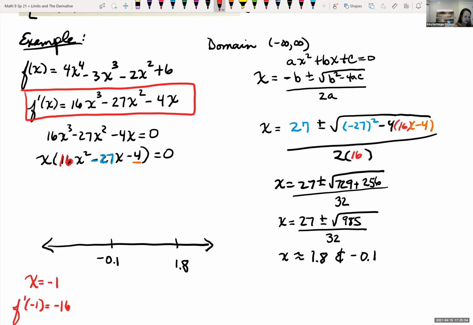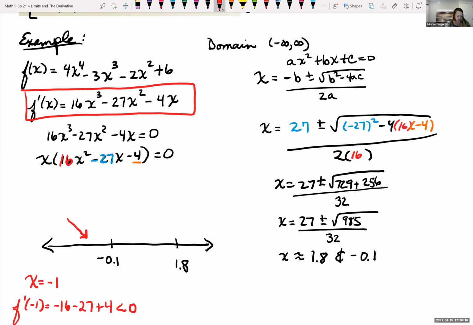Negative 1 squared is positive 1 times that negative 27, so minus 27, plus 4. Again, we don't really care what number this gives us back. We just care if it is positive or negative. And I can see right away that that's negative. And so I know it's decreasing to the left of negative 0.1.